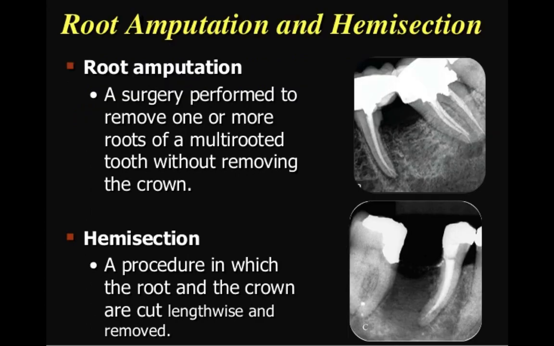Root amputation and hemisection. Root amputation is surgery performed to remove one or more roots of a multi-rooted tooth without removing the crown.